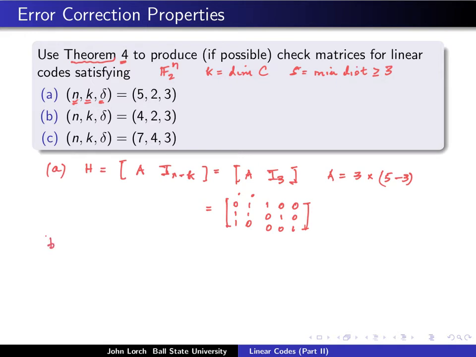Okay, so let's try the same thing for part B. There, n is 4 and k is 2. So what is H, our proposed check matrix, going to look like? Well, in part B, n minus k is equal to 2.